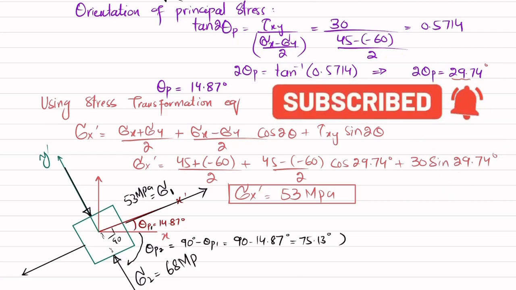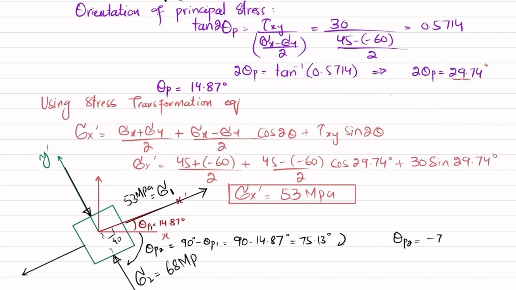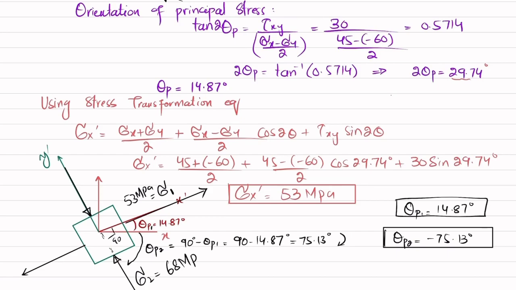So in clockwise direction, theta P2 will be equal to minus 75.13 degree, and theta P1, which we have calculated, is 14.87. The positive sign means that it is in counterclockwise direction.